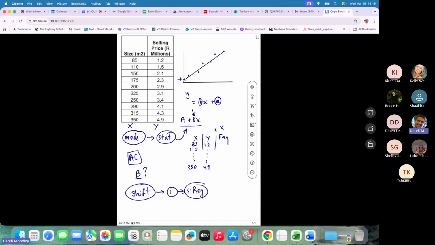And there you will see B. It should be option 2 because we want that value. That's going to be our slope. You select that. Everyone should have a value. If you captured the numbers correctly, you should get a value of B being 0.0139.